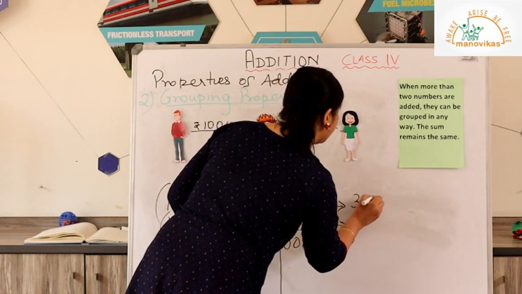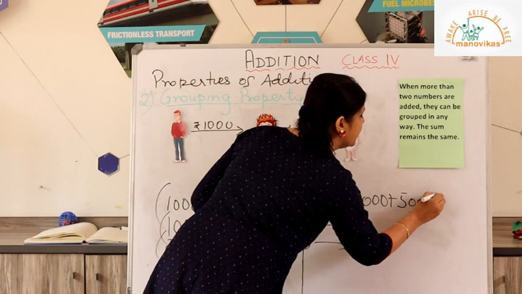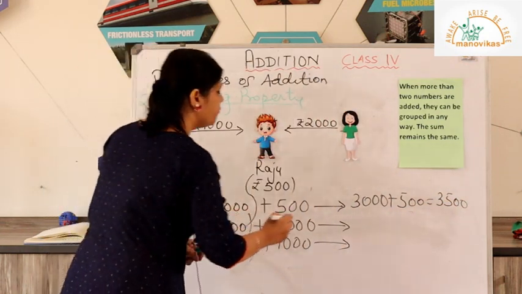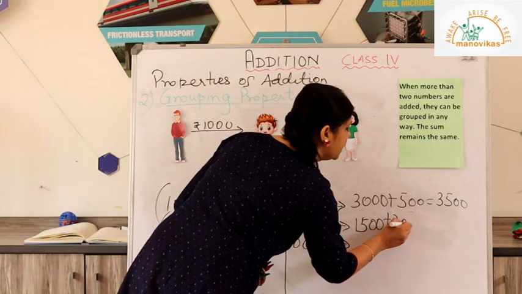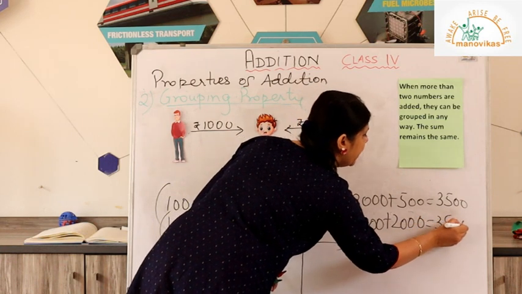It is 3000 plus 500, that is 3500, right? 1500 plus 2000 is 3500, right?